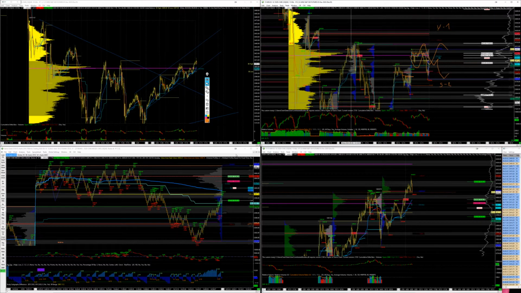Alright, okay. So now let's clean that up and do today's scenario. This chart had these trend lines drawn yesterday on it, and as you can see, this is the day session here, starts here and closes up here.